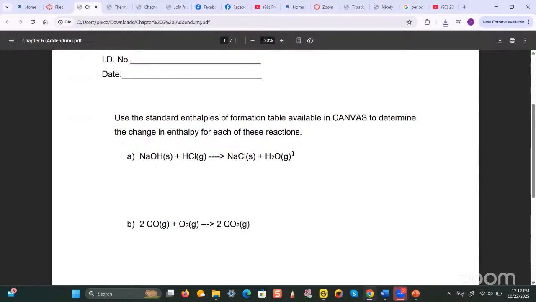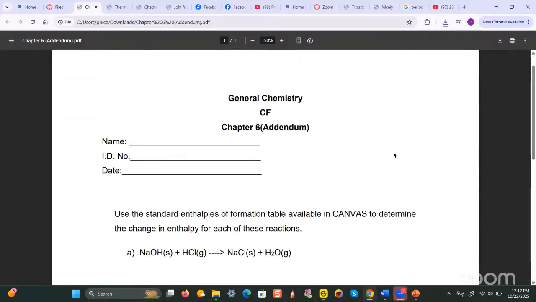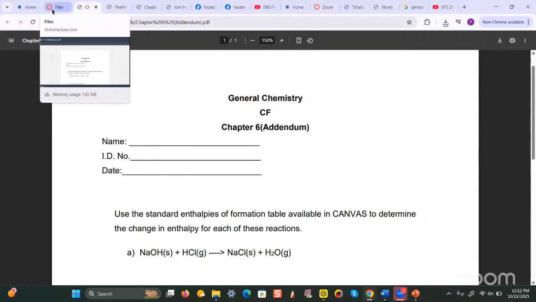Make sure you pay attention to the states because the value of the enthalpy of formation is dependent on the state. They're different. So pay attention to that. If you do that, then you should be able to do these questions. So make sure you do those questions, and attach it to the first one before you send it in. And that's basically it for this chapter.